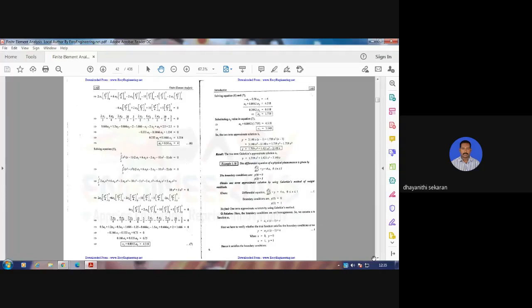How? See here the boundary conditions. Can anyone say how they assumed this trial function? In this problem also the trial function is not given. Can anyone say now?